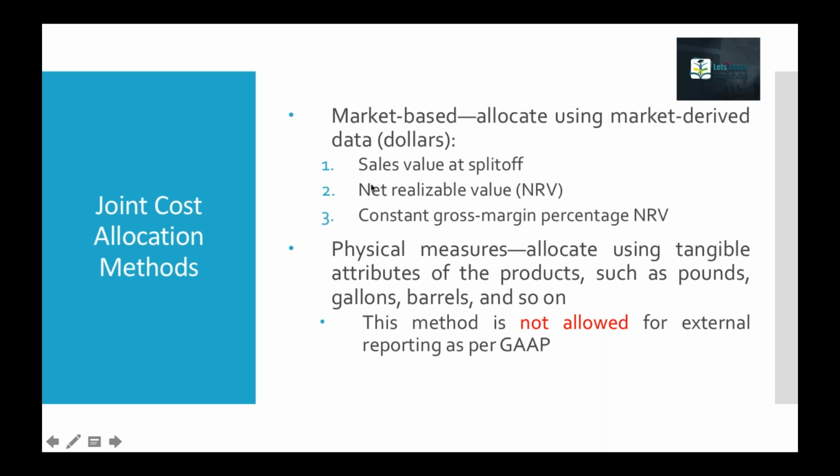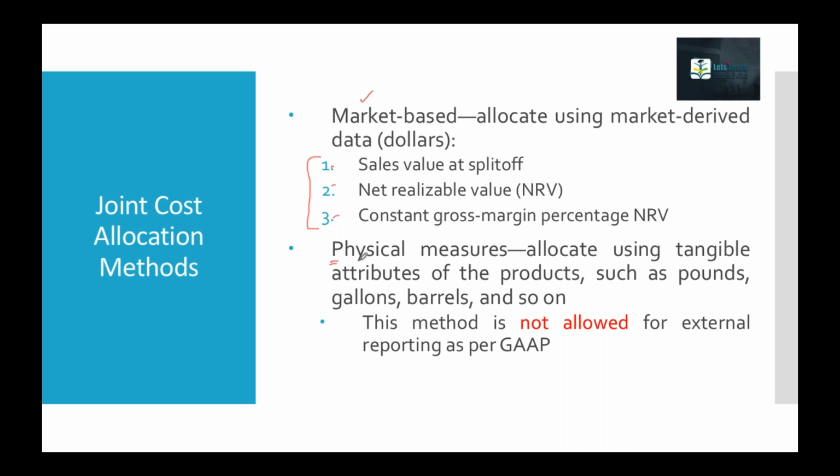In the market based method we have three methods: sales value at split off point method, NRV, and constant gross margin method. So in fact we can say that we have four methods: 1, 2, 3, and the physical quantity method, 4.